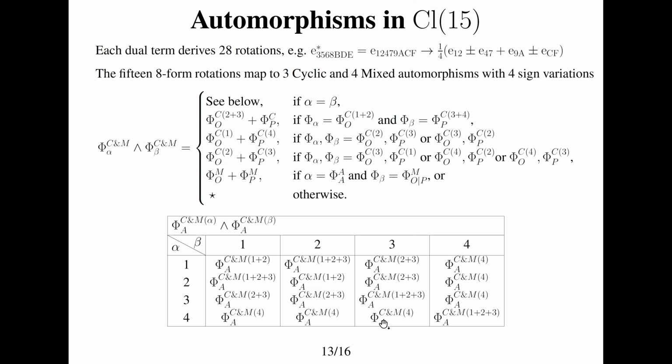And so it's actually just the algebra of the 3 sign variations and the algebra of the 4th sign variation multiplied by Z2. So it's not very interesting.